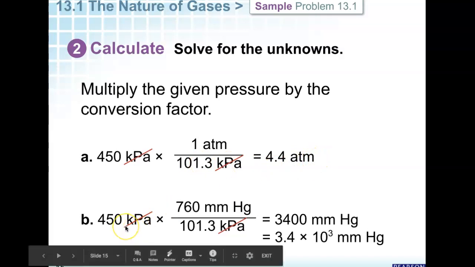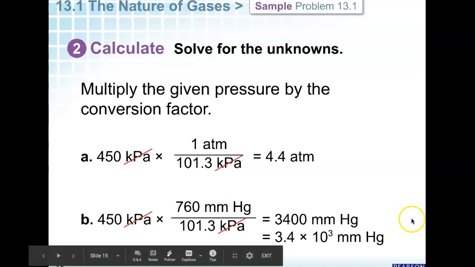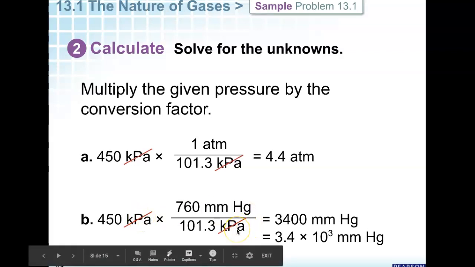Same thing through here. I have 450 kPa. I'd write that starting. I would put mmHg over here, and then I would make sure that my kPa unit cancels out. I know that mmHg and kPa are comparable. When you have 760 mmHg, you have 101.3 kPa.